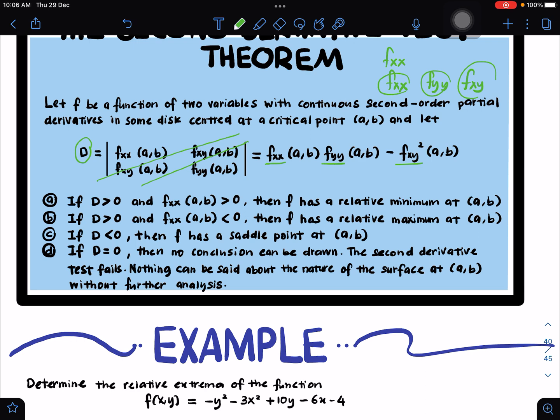Kalau nilai D yang kita dapat besar daripada kosong, okay, ada dua condition. Dia akan bagi relative maximum atau relative minimum. Kalau D yang kita dapat besar daripada kosong, tetapi fxx besar daripada kosong, besar dan besar, relative minimum.